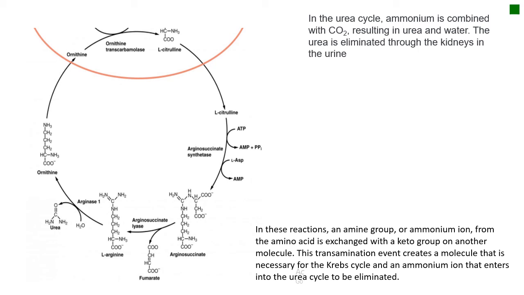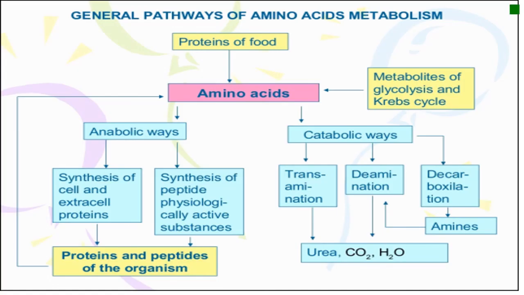So this transamination event creates a molecule that is necessary for the Krebs cycle and an ammonium ion that enters into the urea cycle to be eliminated.